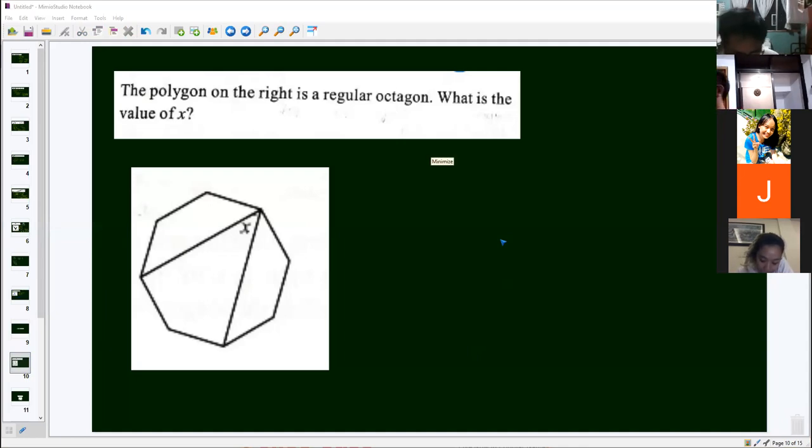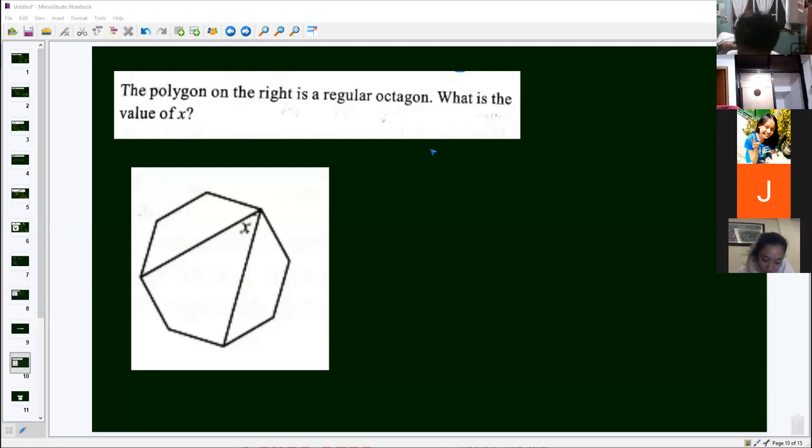Wala pang mali si Rain so far. Clarky, ano nangyari sa arithmetic mo? Baka may mali ka. Bernard, good.